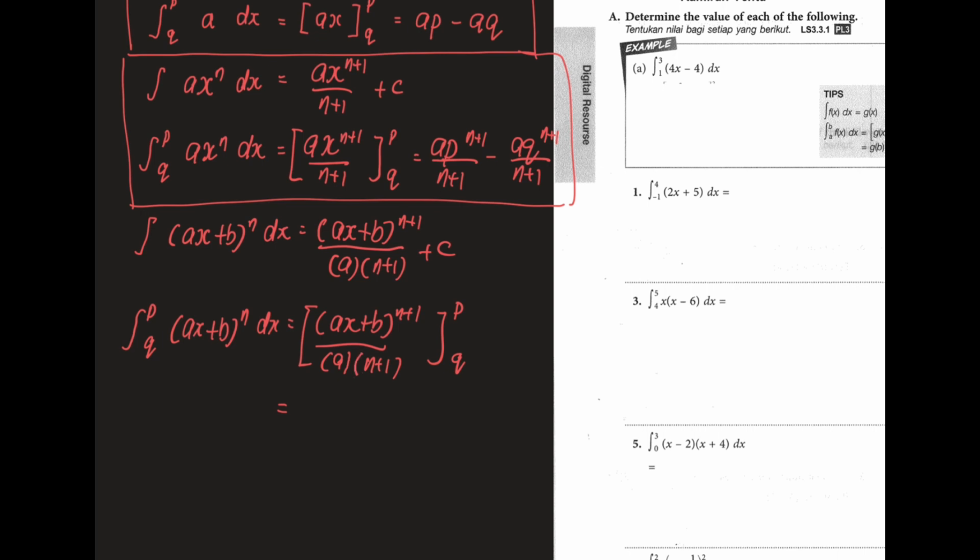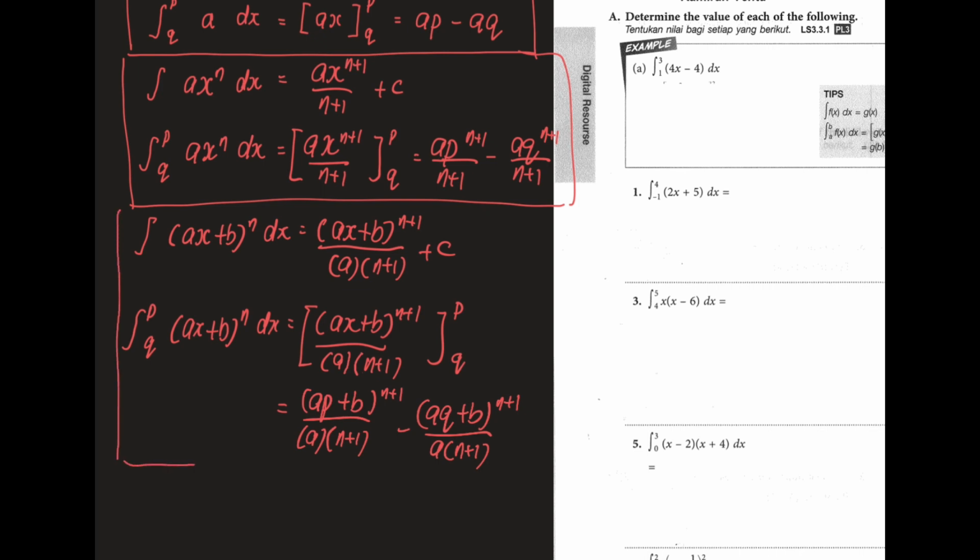This is a bracket and not x, so the x stays on top. So ap plus b to the power of n plus 1 over a n plus 1, minus, and now we substitute q into x, so aq plus b to the power of n plus 1 over a over n plus 1. We substitute like that.